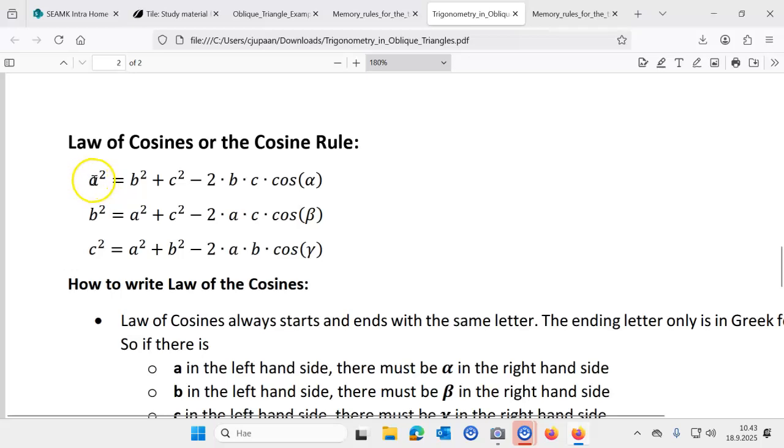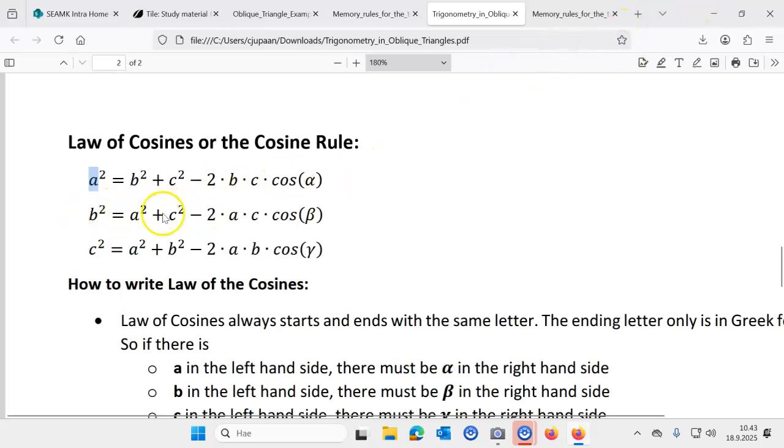So if there is A on the left-hand side, the last letter is also A, but in Greek form, it is alpha. And if we have B on the left-hand side, there is beta, the Greek version of the letter B, and then C and gamma.